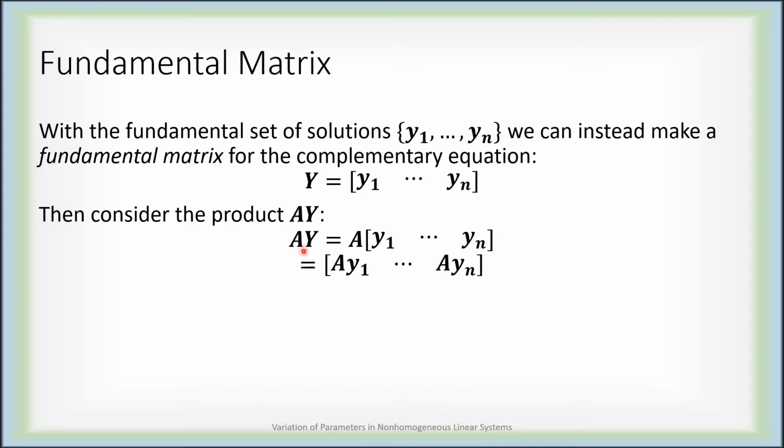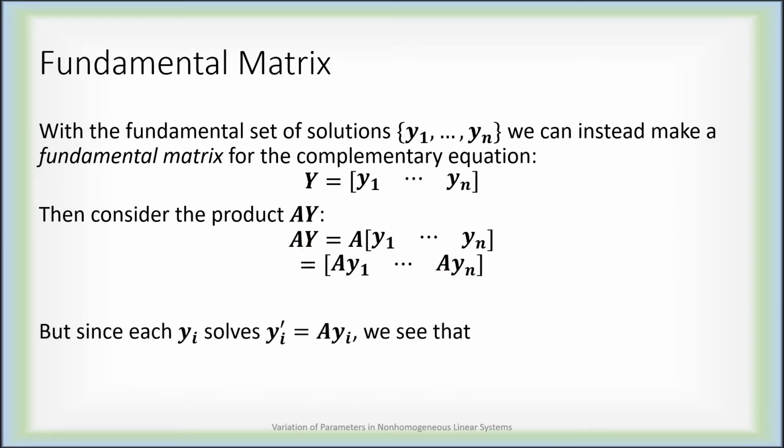The last column of AY is given by A times the last column yn. But since we assumed that each of these columns were solutions to the differential equation y prime equals Ay, we actually just end up with y1 prime, y2 prime, all the way to yn prime. In other words, AY equals Y prime.